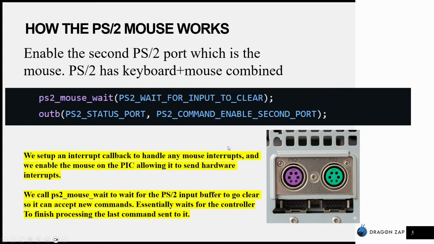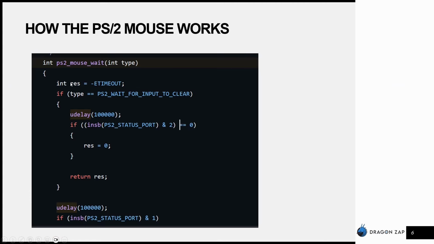So this mouse wait function will wait until it's not full anymore, and then we will be able to continue. And obviously you can put in what type of wait you want to do. In this particular case, it would be a wait for input to clear. This is an important function of ours, which will allow us to wait until the mouse is ready.